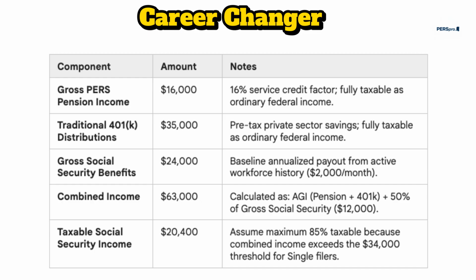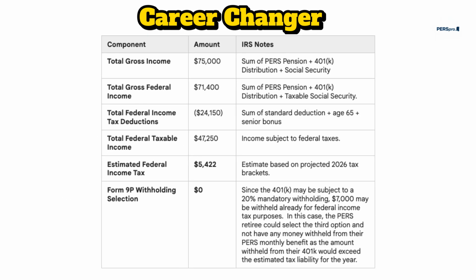This retiree's combined income for Social Security taxation purposes is $63,000, which means up to 85% of their Social Security benefits, or $20,400, are subject to federal income taxes. Here, we see a total gross income of $75,000 across all 3 income sources: the PERS pension, plus the 401k distribution, plus the Social Security benefits.